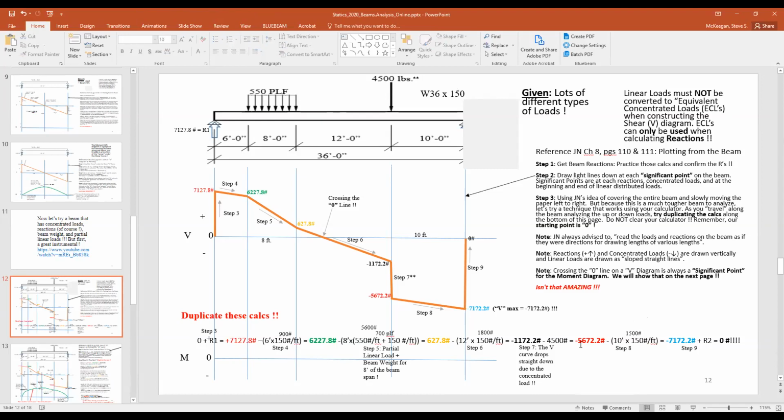So that's going to drop an additional 1,500 from this previous shear value. So this is step 8, and that's going to give you a negative 7172, which is our check. That is our final check.